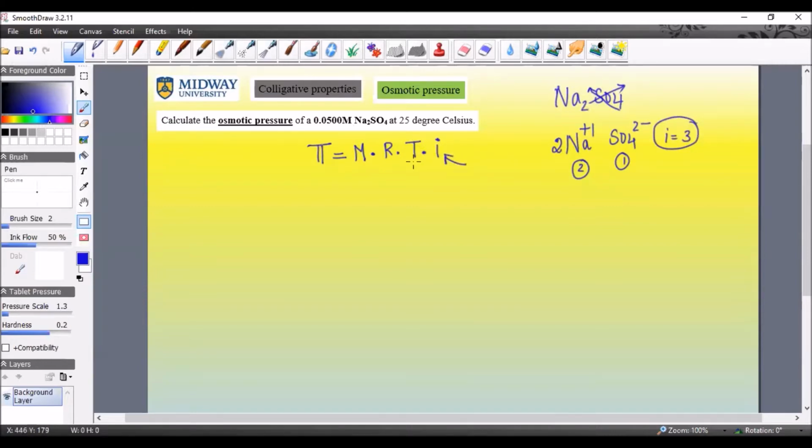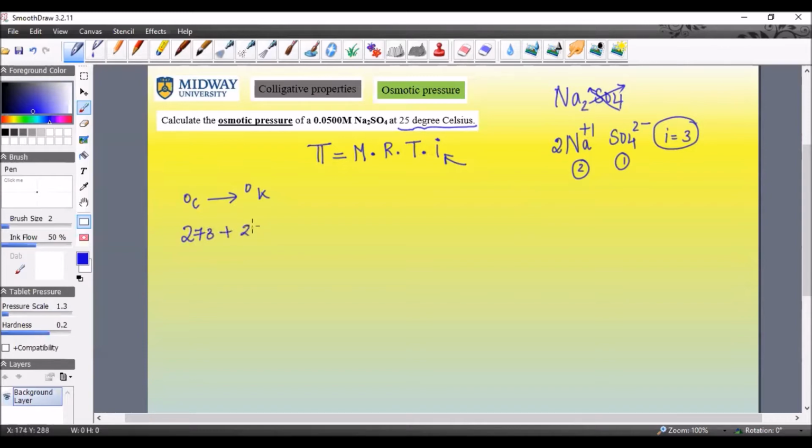Now, keep in mind, T must be expressed in Kelvin, not degrees Celsius. The problem given is 25 degrees Celsius. To go from degrees Celsius to Kelvin, whatever value you're given, you add that to 273.